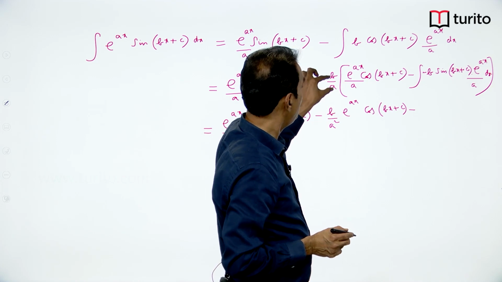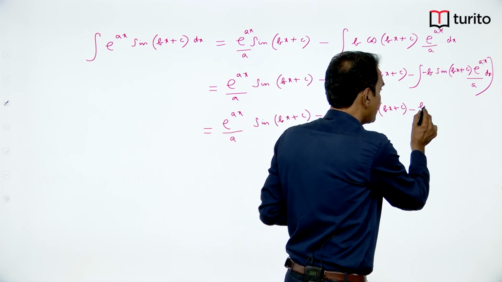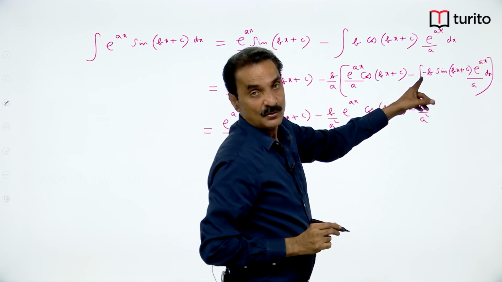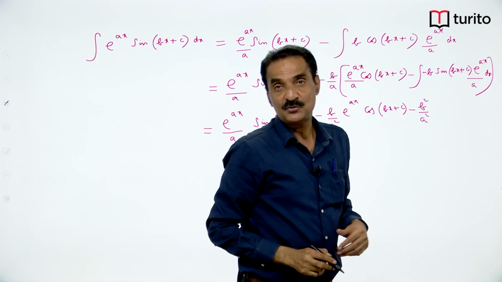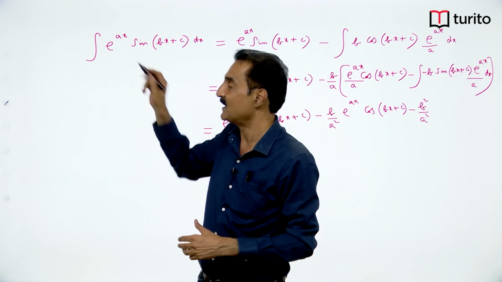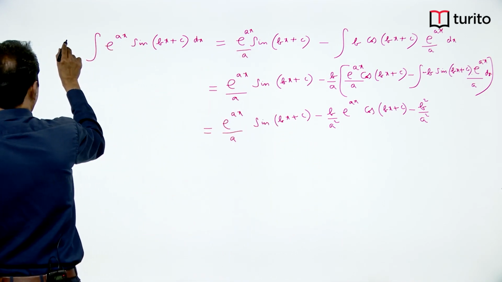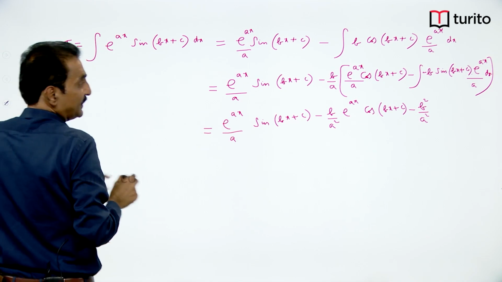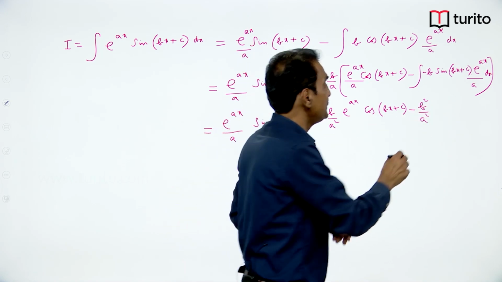What you will get is b/a into b/a, b²/a², into the integral of sin(bx+c) into e^(ax), that is the given integral. If you denote this by I, then the last step is b²/a² into I.